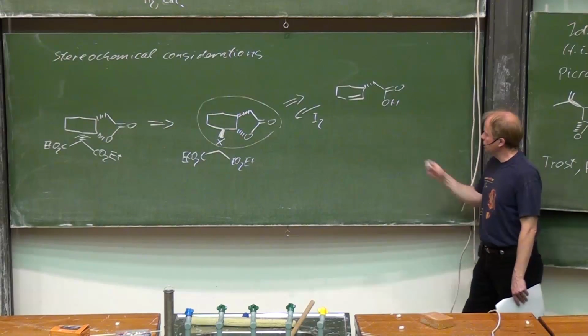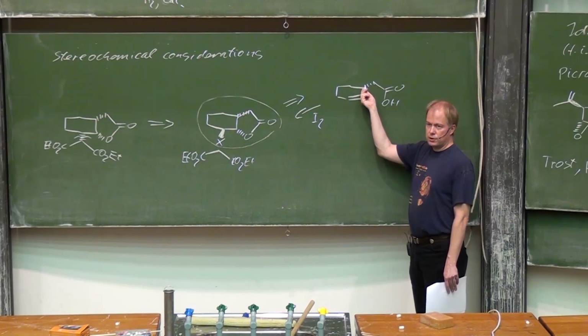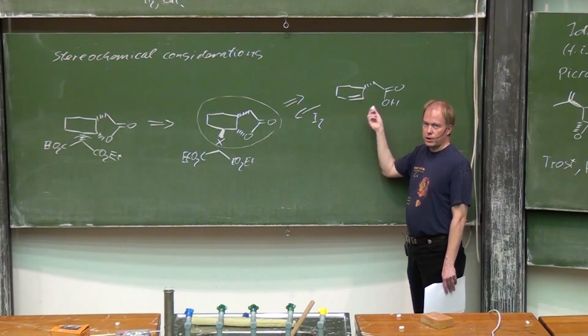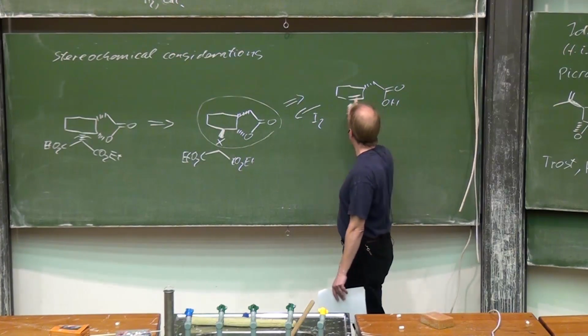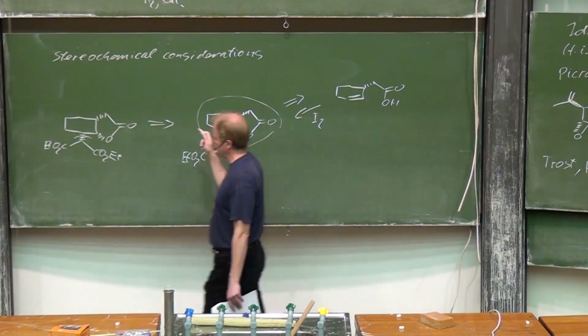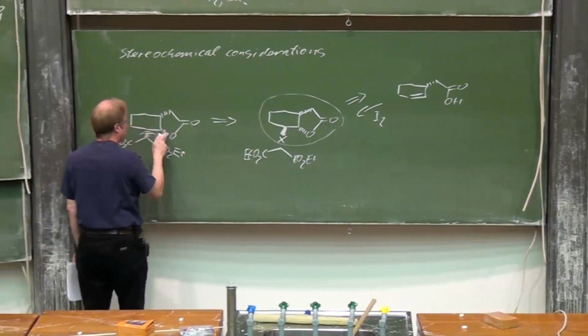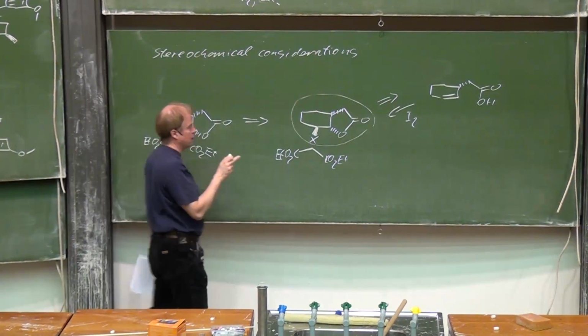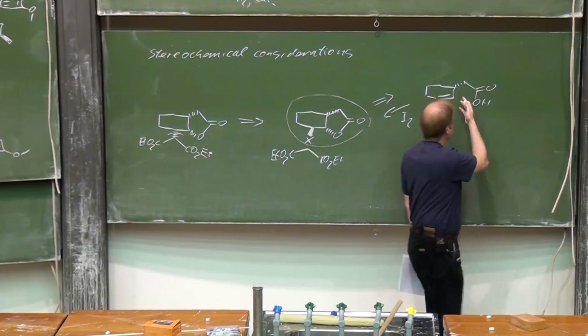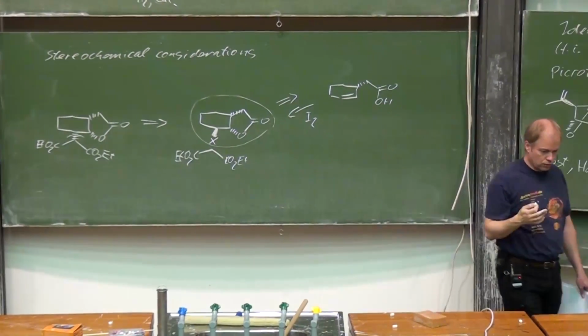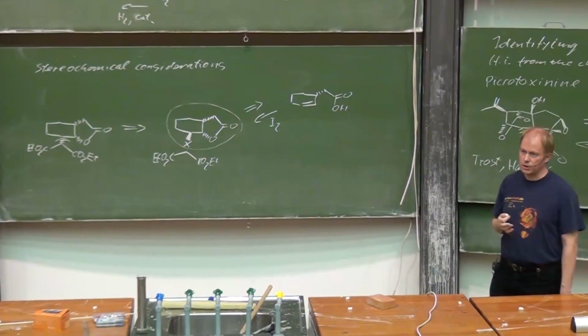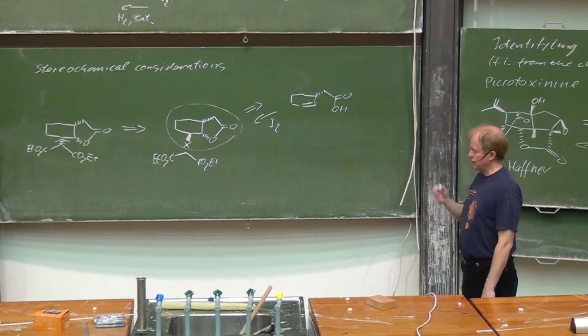So now we know this stereogenic center should be the control element of that sequence. It determines the absolute or the relative configuration here, and if we start from an enantiomer, then we control the absolute stereochemistry of our target molecule.